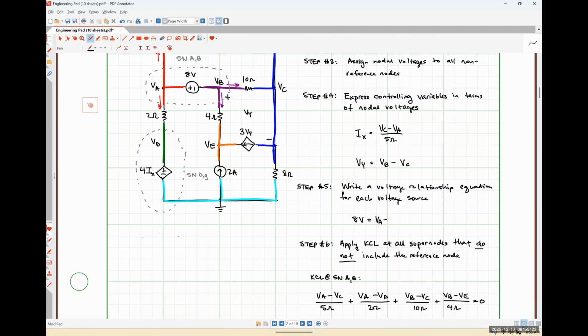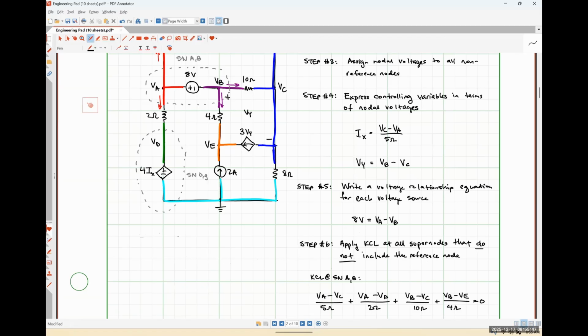Minus the nodal voltage at the negative polarity terminal. So which nodal voltage is touching? All right, VB. So this is one of our 2 voltage relationship equations, defined just like how we've written every other voltage equation doing nodal analysis. So nodal voltage at the positive polarity terminal minus the nodal voltage at the negative polarity terminal.